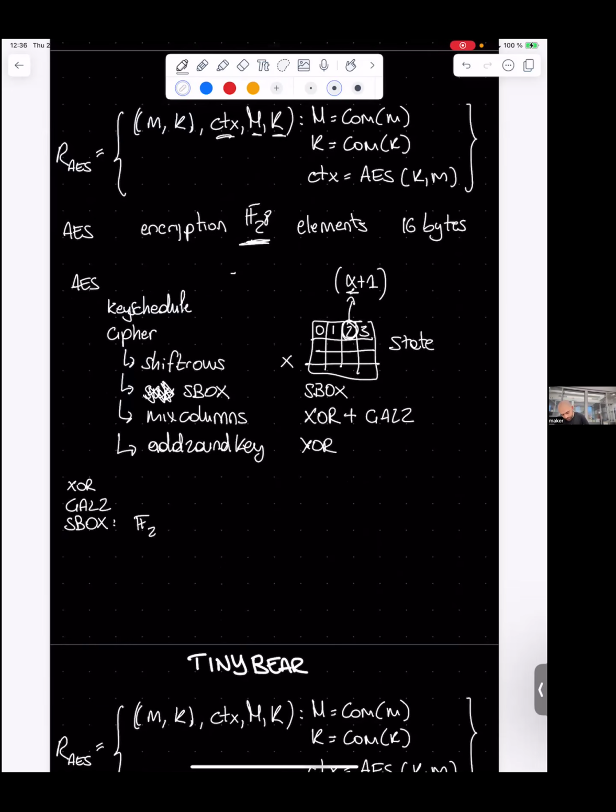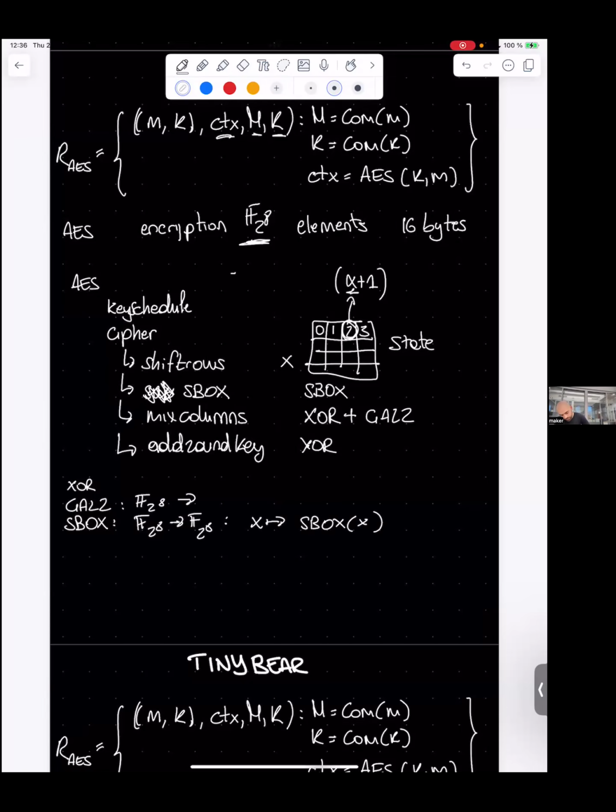And S-box again goes by elements over here and then maps X to the S-box of X. Also here, we are just mapping X to alpha times X, and then XOR is taking 2 of them and mapping X, Y into X XOR Y.